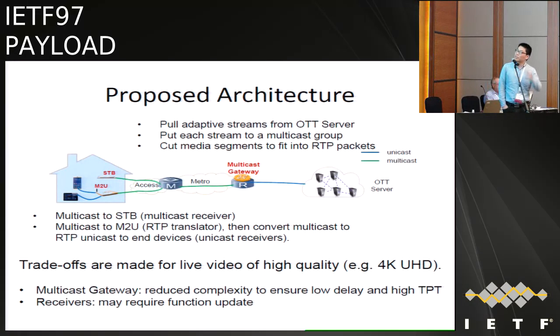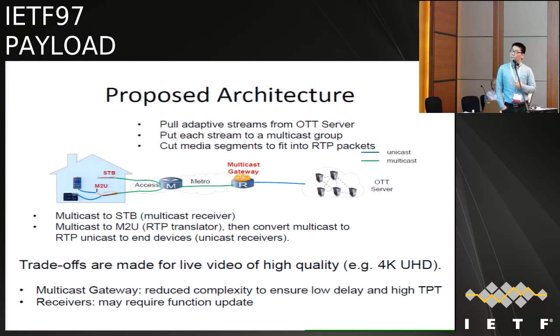Next, please. So this is the proposed architecture. The key thing is the Multicast Gateway. It works kind of like an ODD client and pulls these adaptive streams from the ODD server and converts each of the streams into a multicast group. It also fits the media segments into the RTP packets.